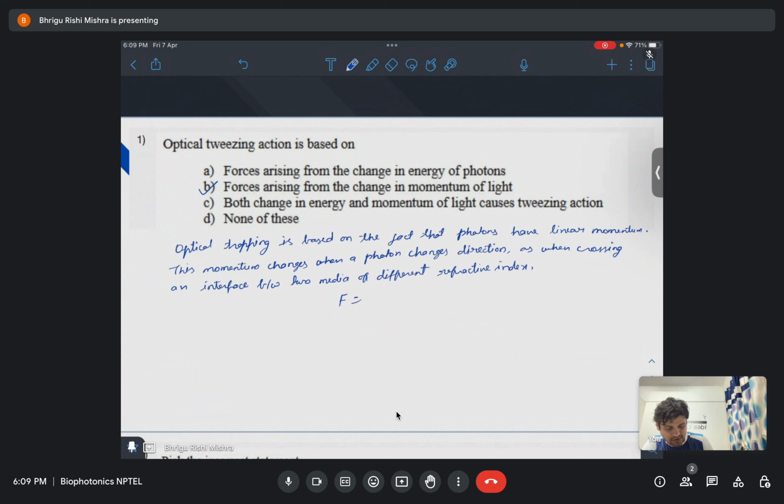That force is delta p by delta t, where p is the momentum and t is the time. Delta p is the change in the momentum and delta t is the change in the time.